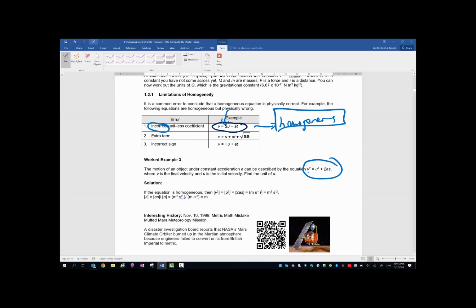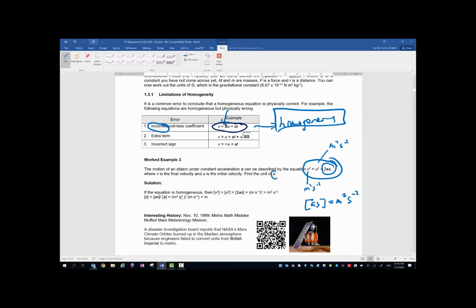The unit for v squared is meter squared per second squared. The unit of u squared is meter squared per second squared. So the unit of 2as should also be meter squared per second squared.